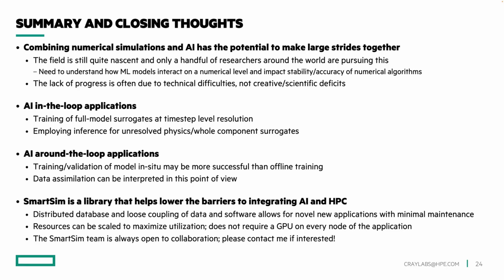Whenever you want to mix AI and HPC, SmartSim gives you the possibility of exchanging data loosely without thinking of how to embed AI into your 20 or 30 year old code. You just pass the data out of the code and you get the results back.